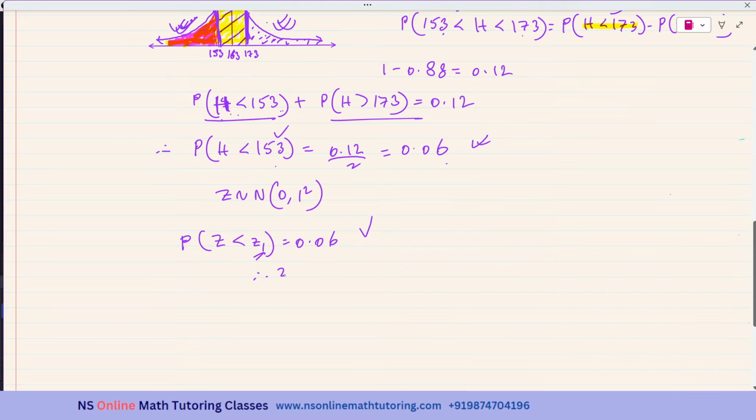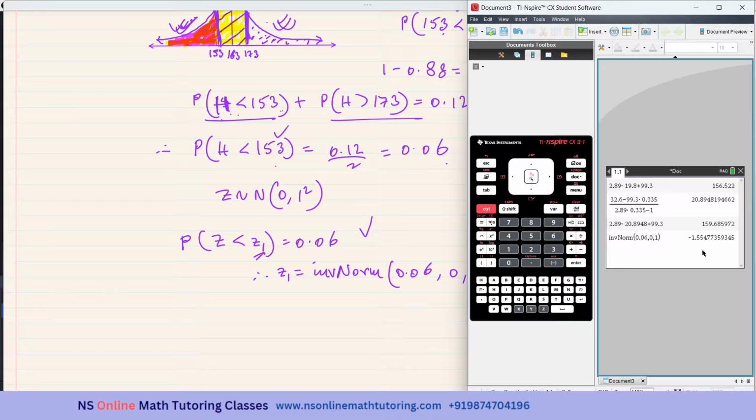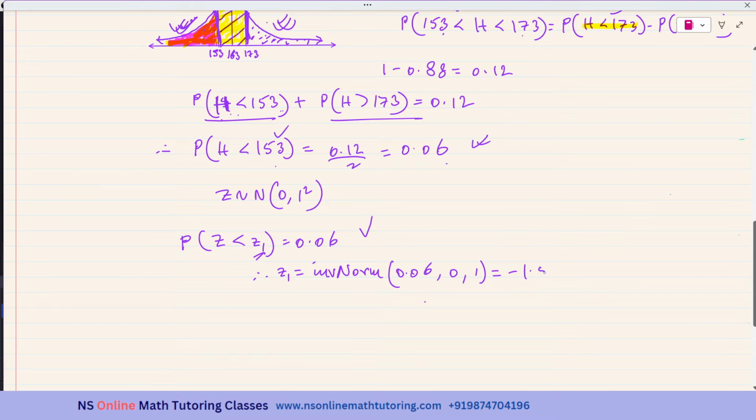Therefore, Z1 equals inverse norm of 0.06 with mean 0 and standard deviation 1, which is equal to negative 1.55477.